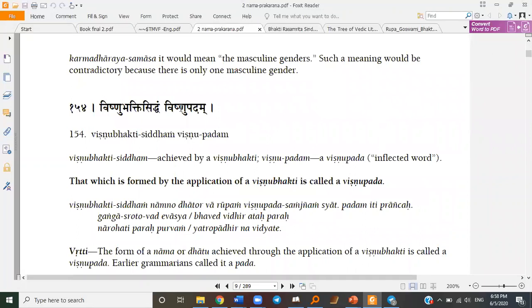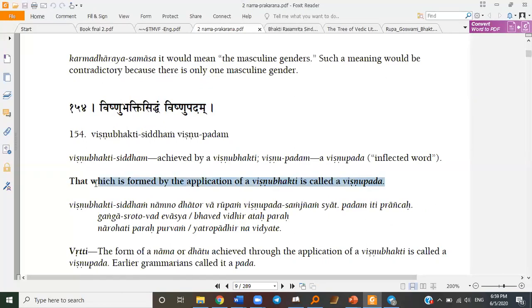Vishnu Bhakti siddham Vishnu Padam. There was a question pending since the beginning: what is Vishnu Pada actually? Here is the definition. That which is formed by the application of Vishnu Bhakti is called a Vishnu Pada. When we add Vishnu Bhakti, the Pratyaya, to a Prakriti, the final form which comes out is a Vishnu Pada.